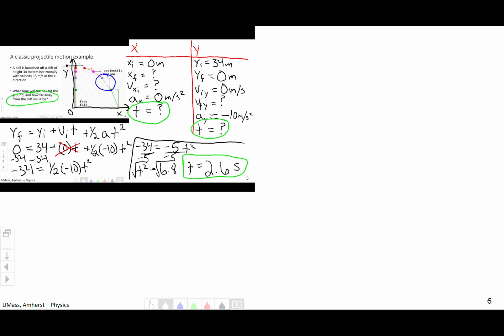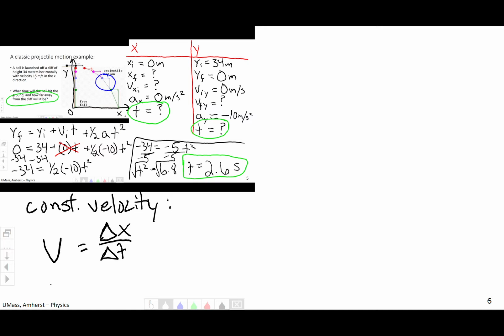So we know that for a constant acceleration or a constant velocity, we can use the definition of velocity, which is change in position over time.